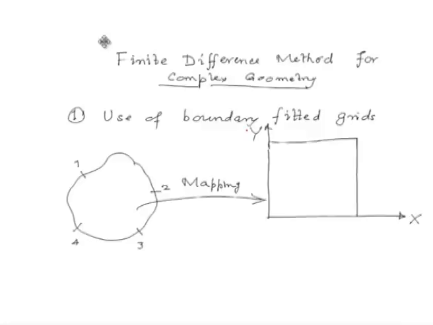Let us call the coordinate system here capital X, Y, and the coordinate system which we had for usual physical space is small x, y. So, each point is mapped.